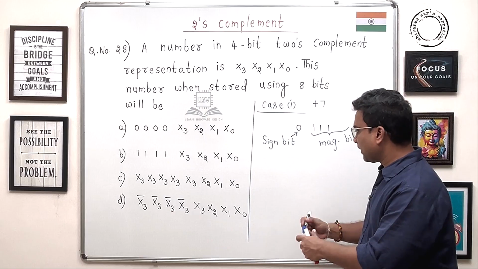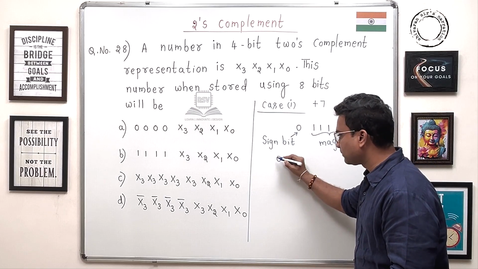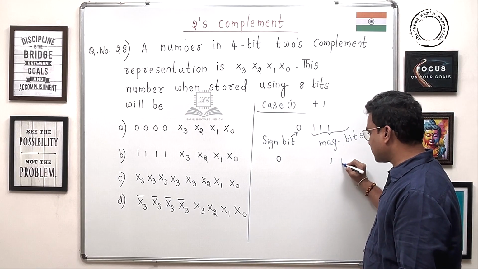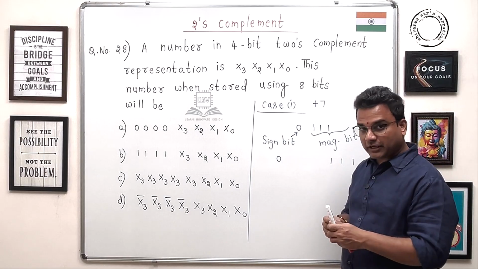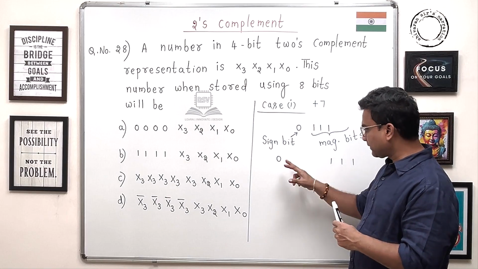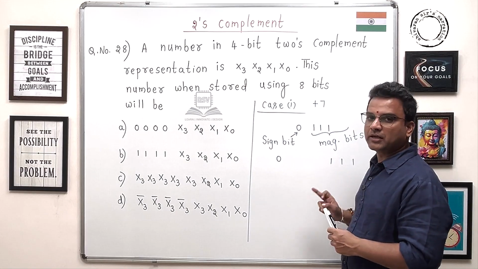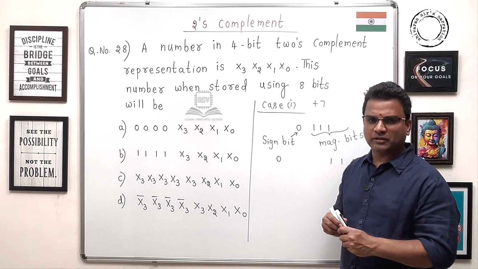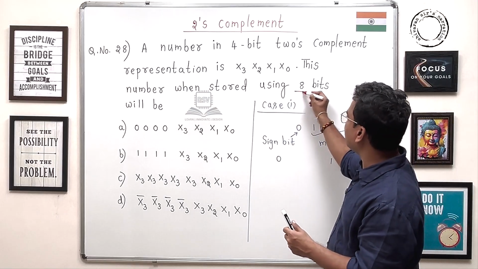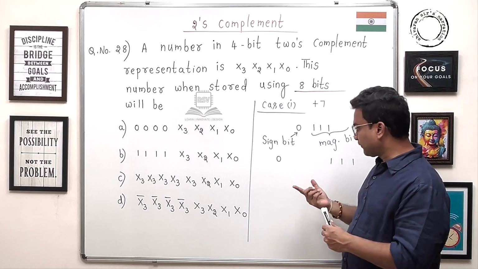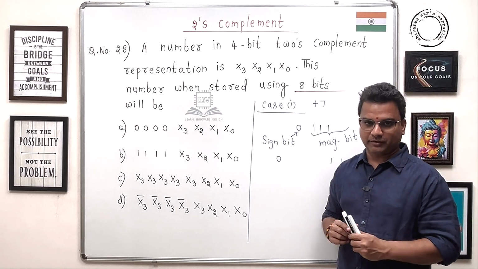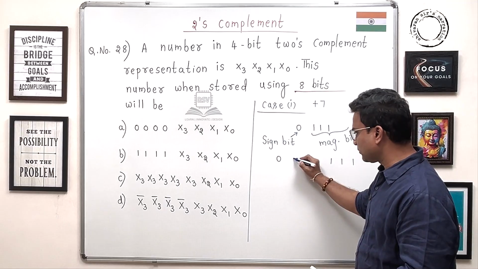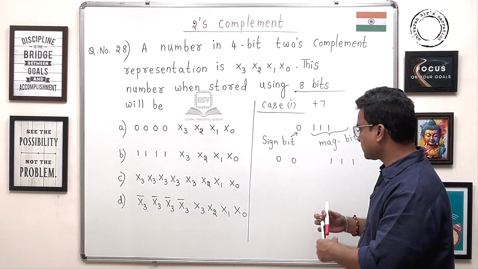So here let's take sign bit 0, magnitude bits 1, 1, 1, and you need to keep the zeros between the sign bit and the magnitude bits. How many bits do you want for storage? Using 8 bits now, and here 4 bits are already there, so 4 more bits are required. You take 4 more zeros. This.